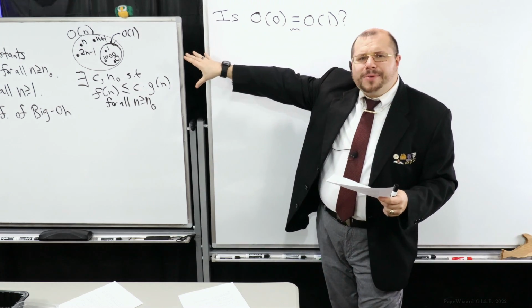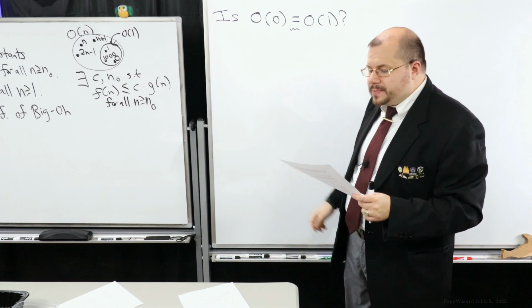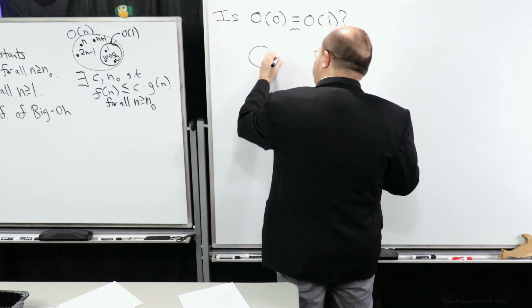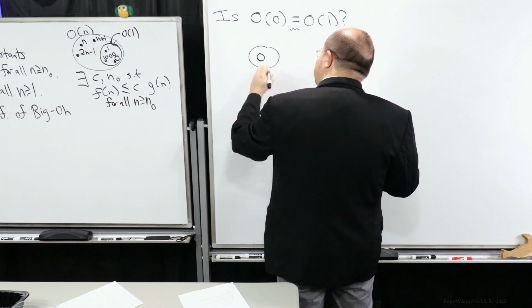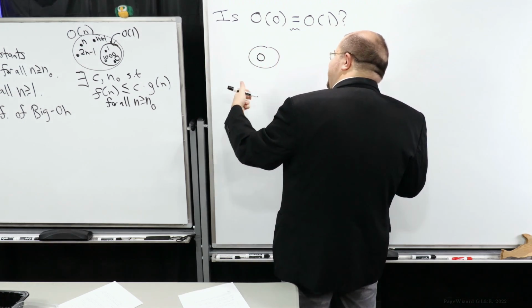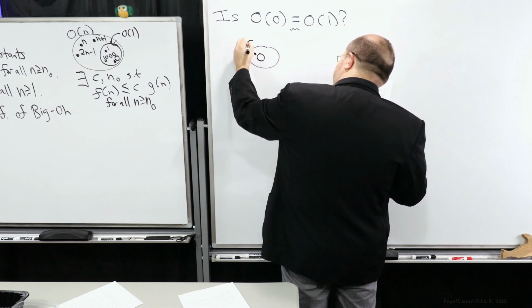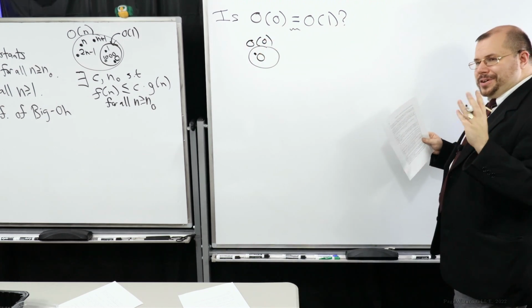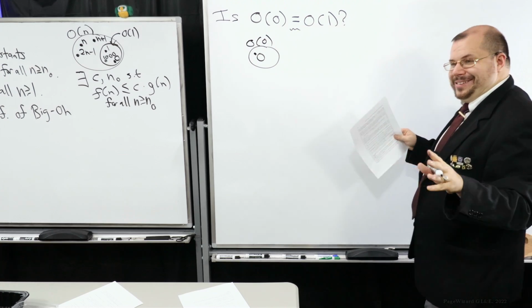So let's take the idea we have over here. The first thing I need to show you is that 0 is in big O of 0. You can take that proof we just did and easily adapt it to show this.